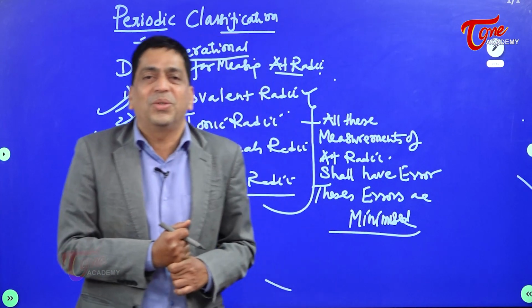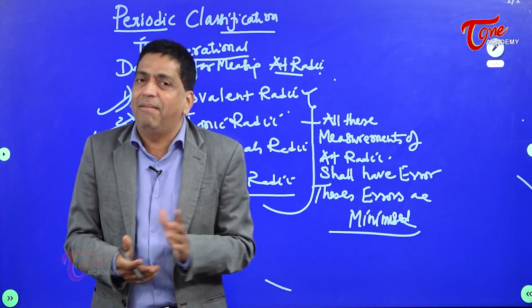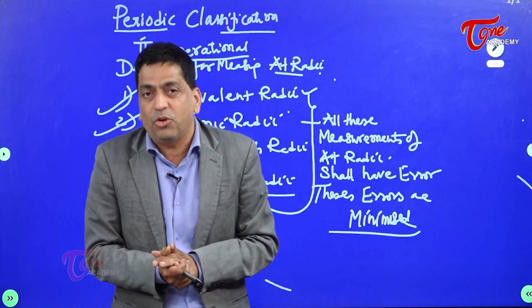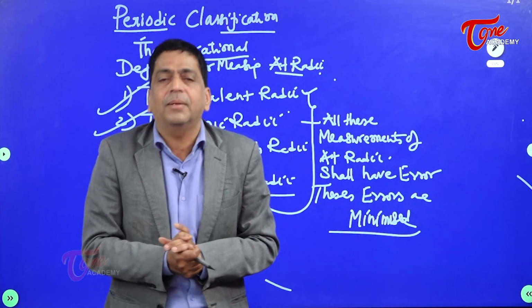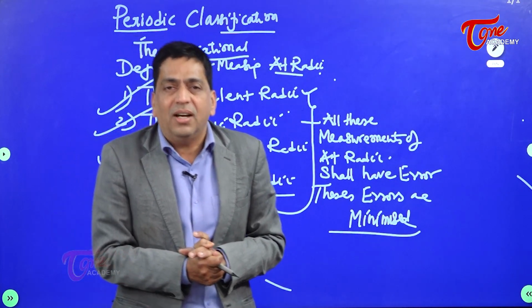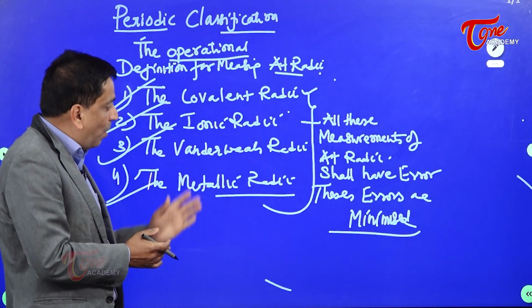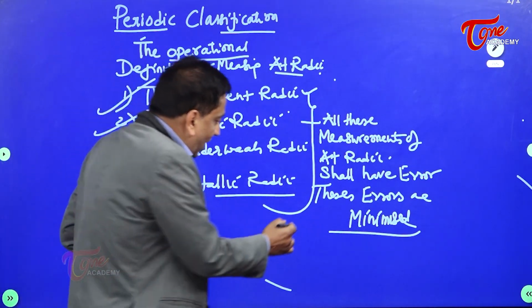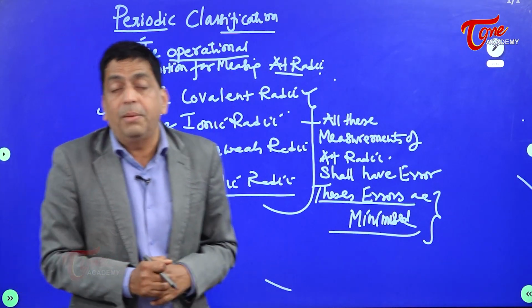So one thing which I would like to point out, as we have hurdles in measuring atomic radii, the first thing seems to be significant: isolating an atom is difficult. If you have proposed 4 operational definitions and you say the errors are minimized, how did you minimize the error?